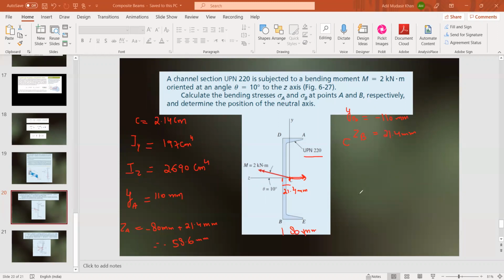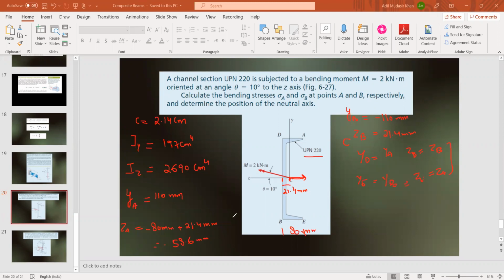YD is equal to YA because they are in the same line, and ZD is equal to ZB. YE is equal to YB, and ZE is equal to ZA. These are all in the same line.